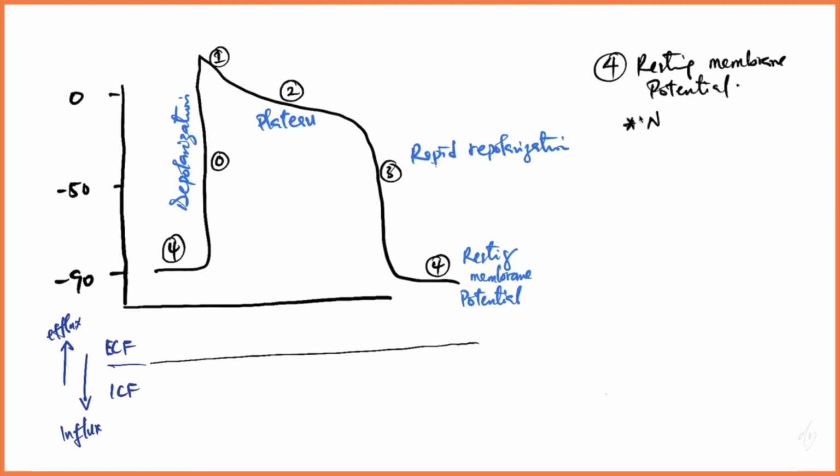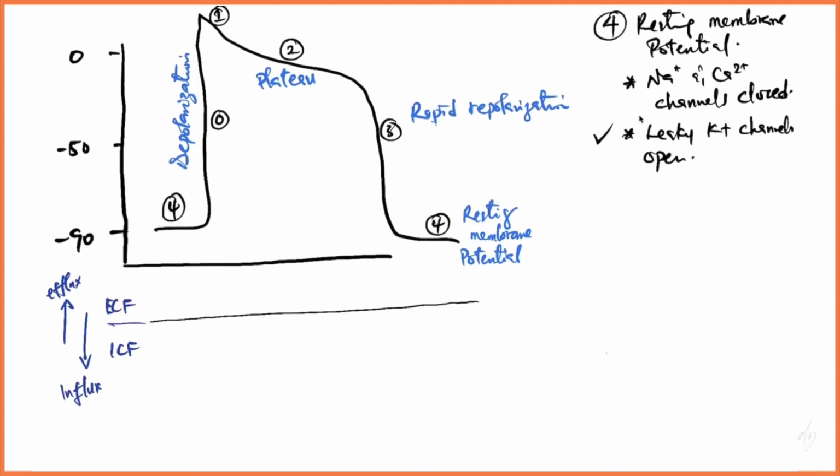Here, we have sodium ion channels and calcium channels closed. You want to remember that. In phase 4, we have sodium and calcium channels closed. We have leaky potassium channels open.